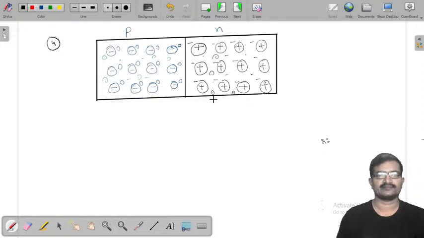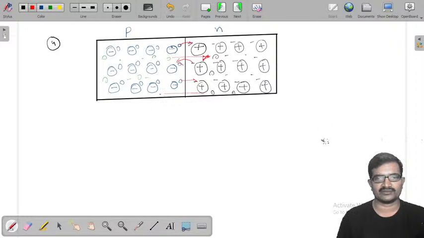Now, just before we mention diffusion of charge carriers, once diffusion is taking place, this hole is recombined with this electron, and these two are recombined, and these two are recombined.